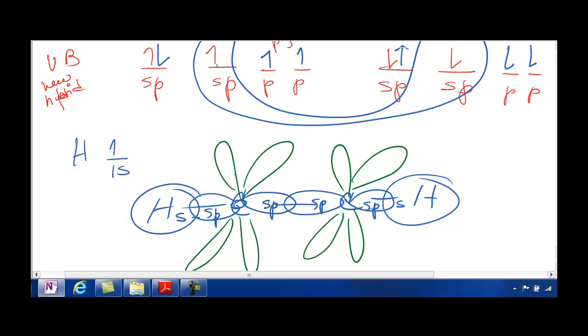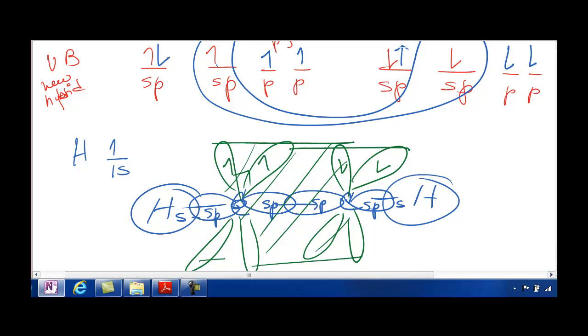And these are 90 degrees like they always have been. And this has 1 electron, and so does this one. So this right here is 1 pi bond, and this right here is another pi bond, and I will show you the model.